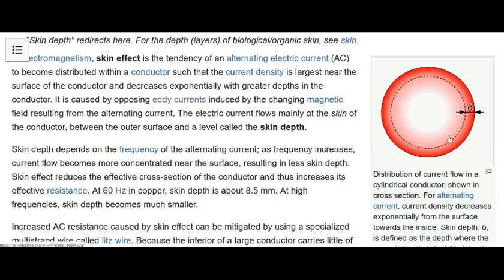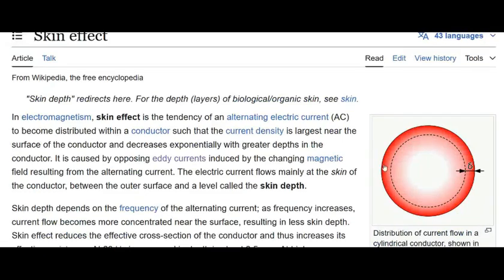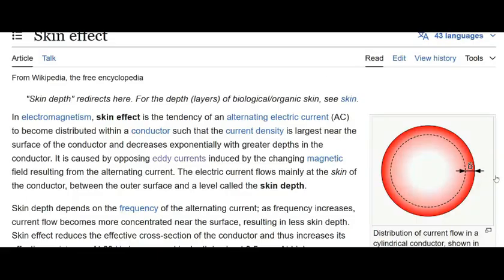Here they are showing by diagram that one skin depth is where the current decreases to 37% of the value at the surface. So if we go back to this chart, you know, at say 20 gauge, at 27 kilohertz, is where at the center, right at the center there, is where it would be decreased 37%.